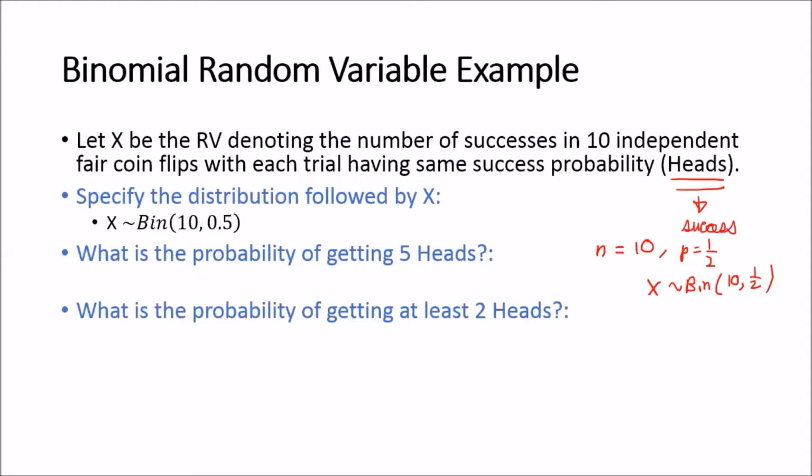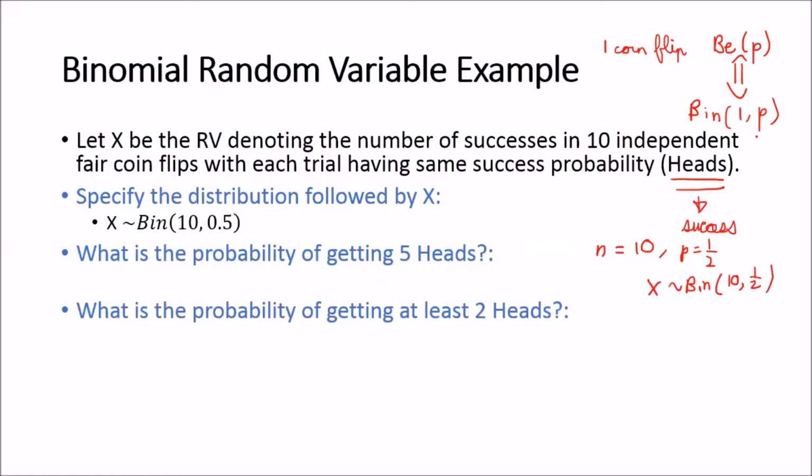So what I want to draw your attention to here is that one coin flip is equivalent to a Bernoulli random variable with a success probability of p. We can say it is equivalent to a binomial random variable where the number of trials is 1 and the success probability is the same as p.